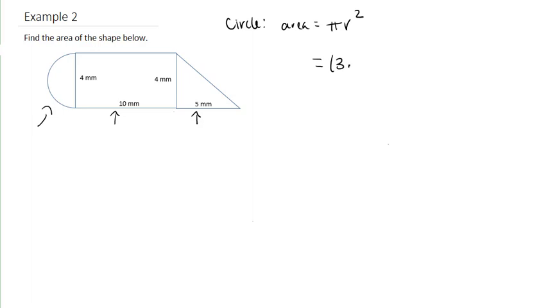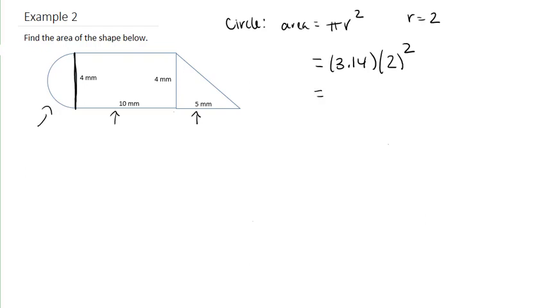So we can plug this in, 3.14. Now we notice that this is the diameter of our circle. And so to find the radius, we take the diameter and divide it by 2. So r becomes 2. And then it's squared.